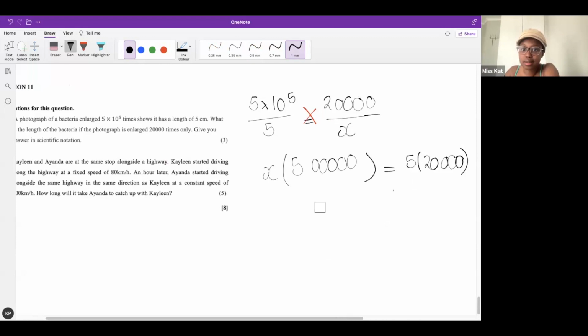And then after we do this, we're going to say, therefore, X is equal to 5 times 20,000 divided by 500,000. I'm going to need someone to use the calculator and tell me how much it is.